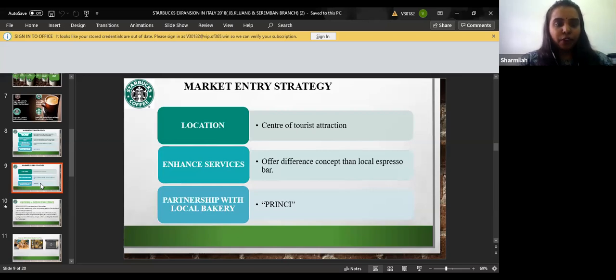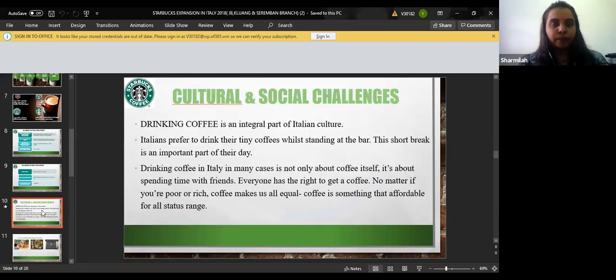And the last point will be the partnership with a local bakery. There's a bakery called Princi where they offer artisan breads, Italian pastries, pizzas, and also the aperitivo menu.